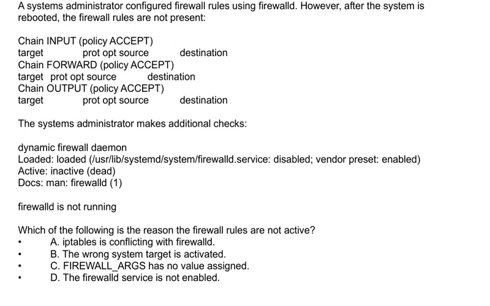Option A, iptables is conflicting with firewalld. Option B, the wrong system target is activated. Option C, FIREWALLD_ARGS has no value assigned. Option D, the firewalld service is not enabled. Correct answer is option D.